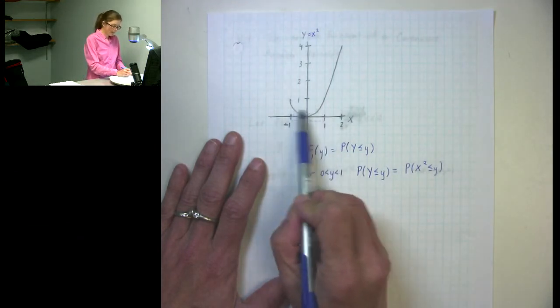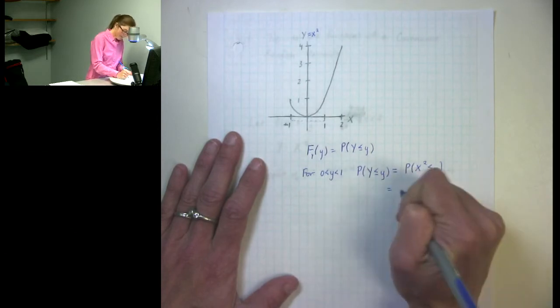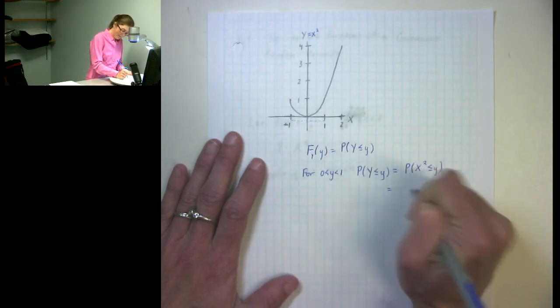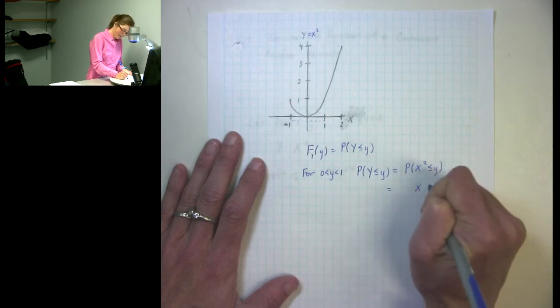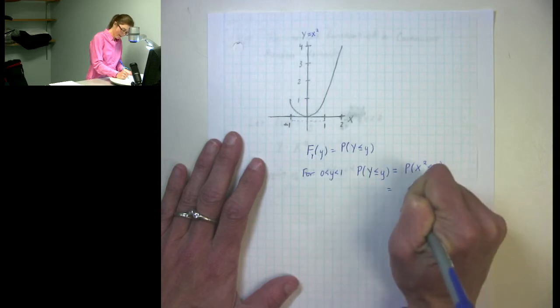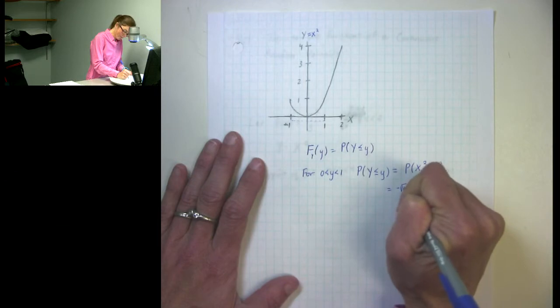And in this range, this would mean that x would have to be between negative square root of y and the square root of y.